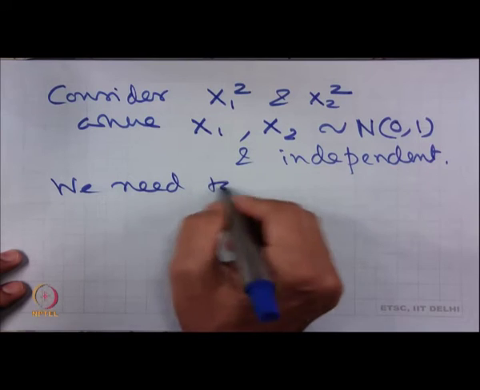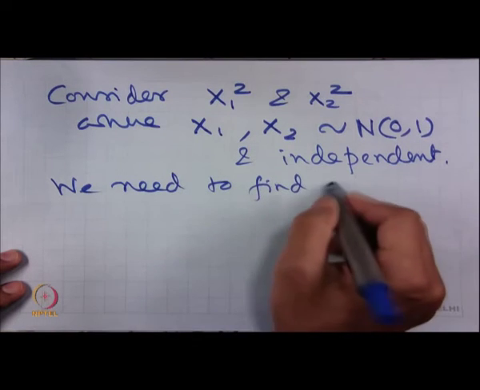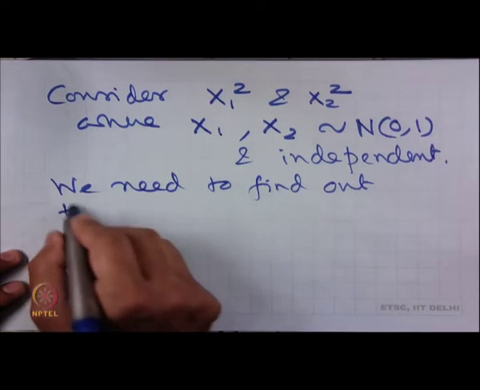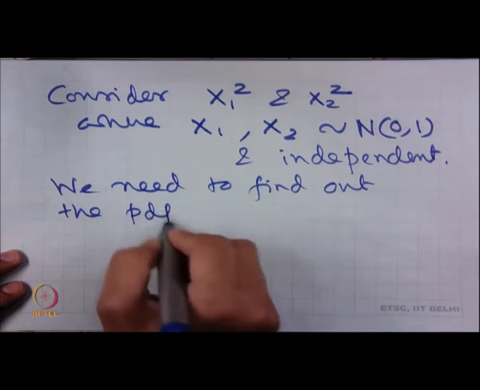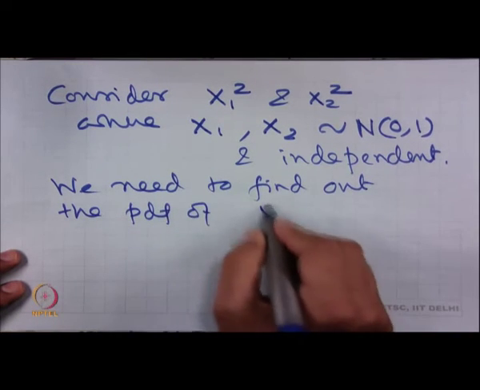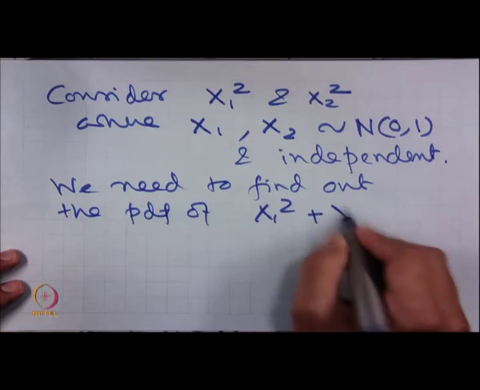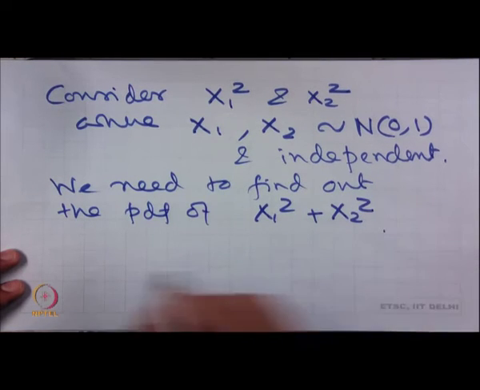We need to find out the PDF of x 1 square plus x 2 square.